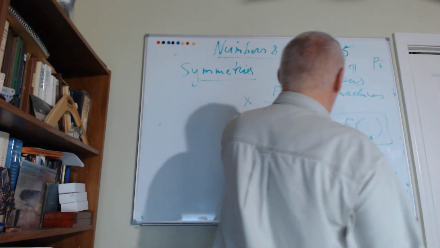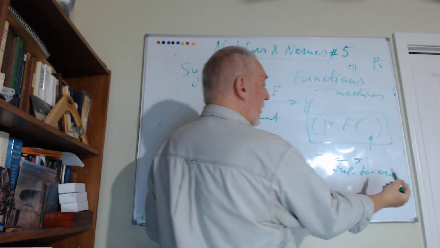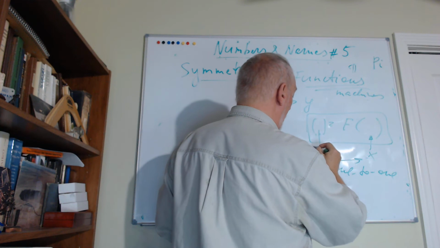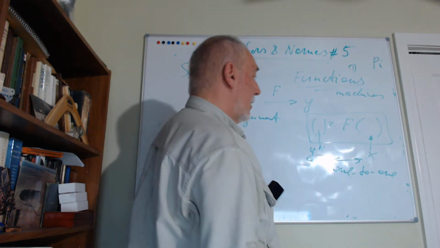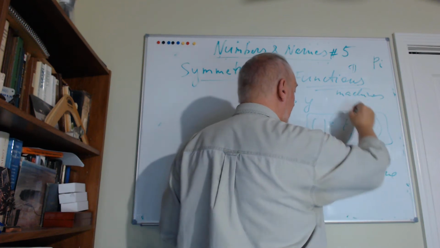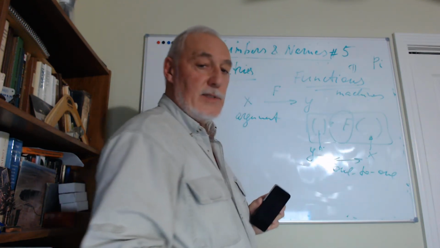You may put it like this. You see? This is the hole where x comes in, and this is the hole where y comes out. This is the tube, and something is done here. X comes in here, and the transformed value comes out here.